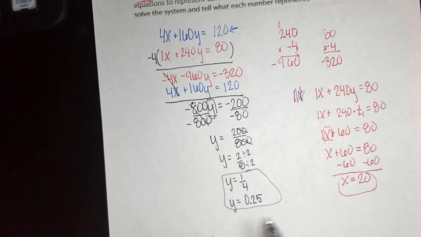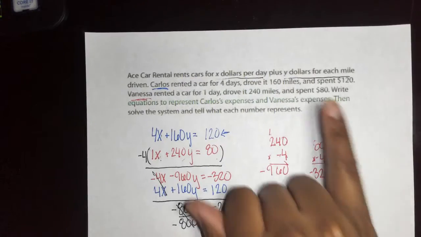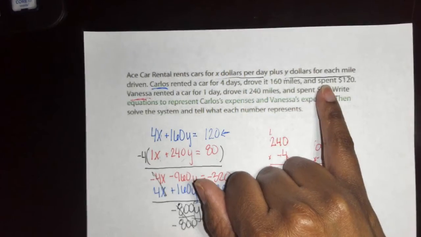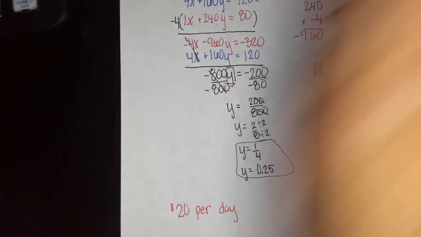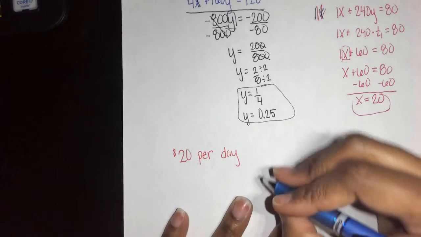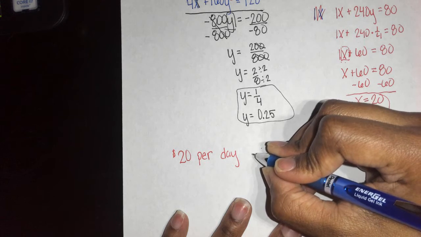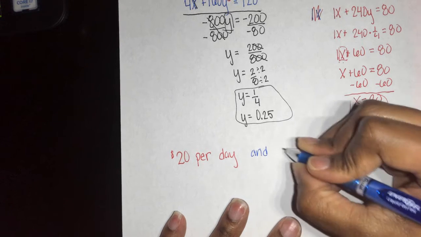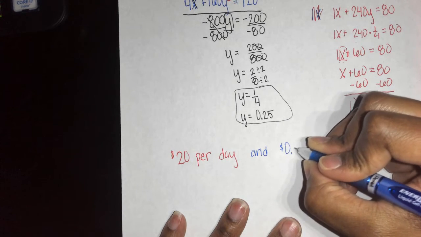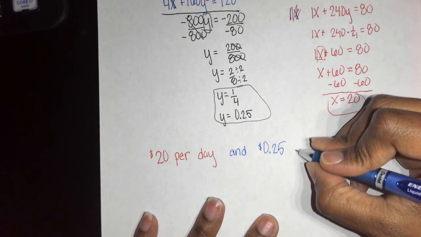And the y value represented the dollars per mile driven. So that is $20 per day and 25 cents, or $0.25 per mile.